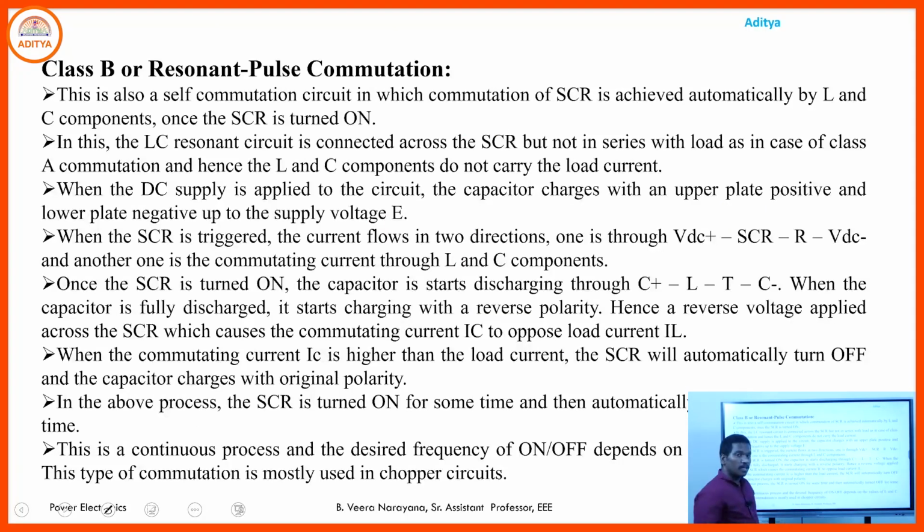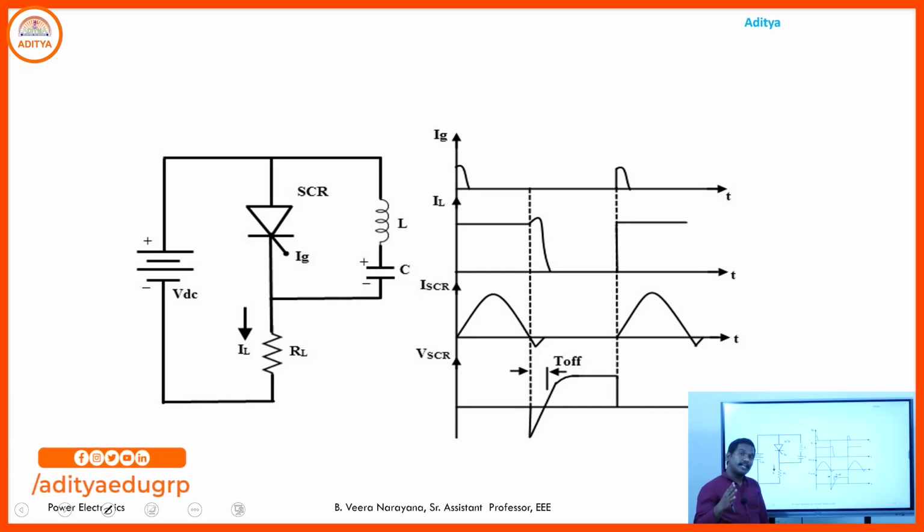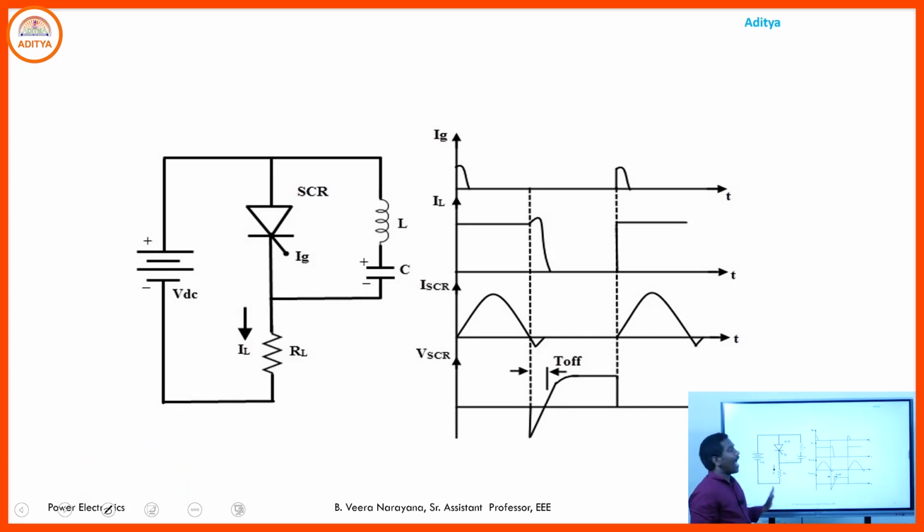Coming to the second forced commutation technique, class B or resonant pulse commutation. This is a circuit representation of class B commutation. In class B commutation, the commutating components L and C are connected across the SCR, whereas in class A commutation, the commutating elements are connected in series with the SCR.